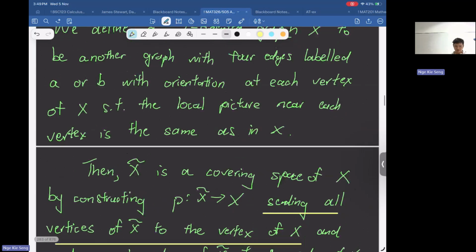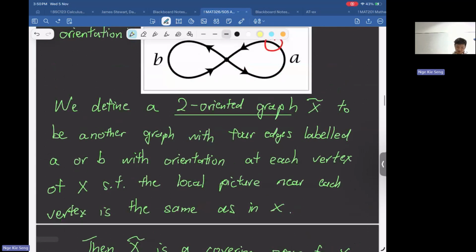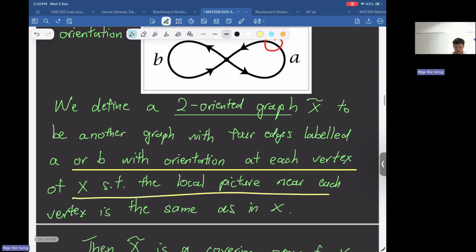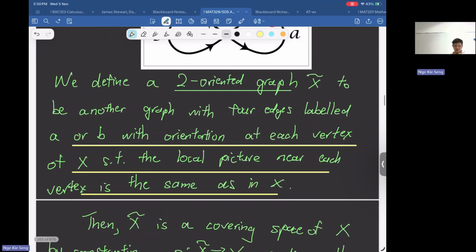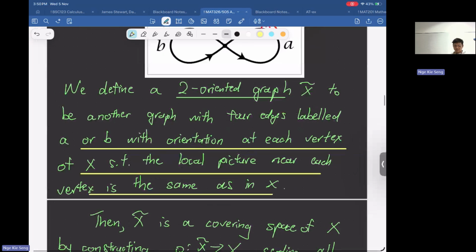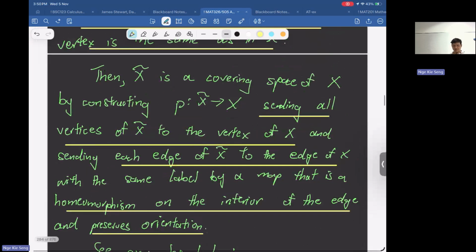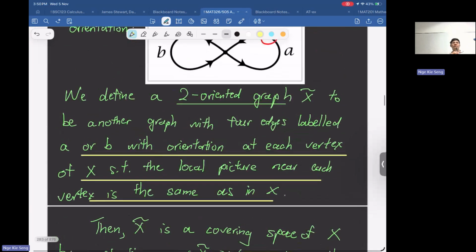Or if they write with orientation, and each vertex such that the local picture near each vertex is the same as x, you also give full marks. Either they write the top argument here, or they write the bottom argument here. These two you can give full marks.